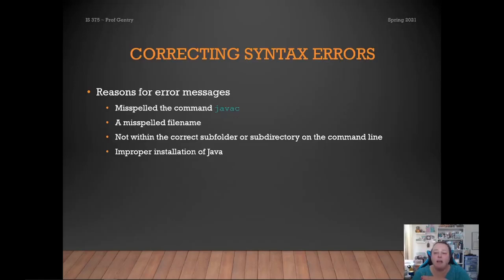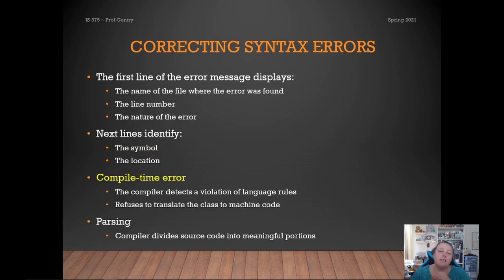Now, syntax errors are the errors that the compiler finds during that translation process. Some typical syntax errors are typos, improper installations, missing semicolons, or a bunch of other things. The nice thing about the Java compiler is that it does give an indication as to what that error is. Typically, the error message is going to describe the file name, the line number, and what the error is.